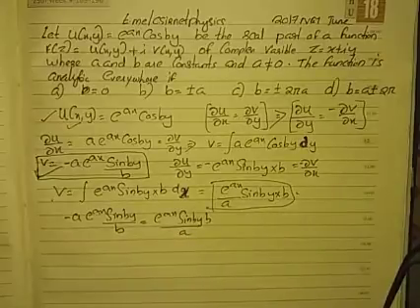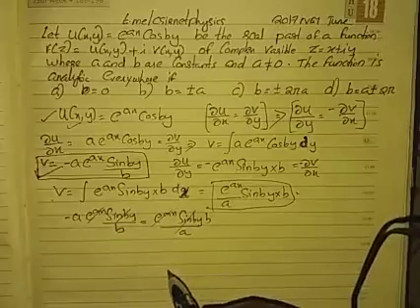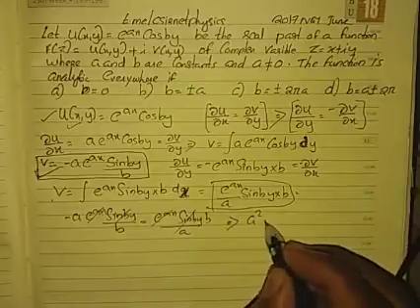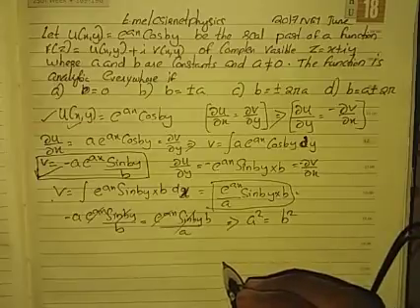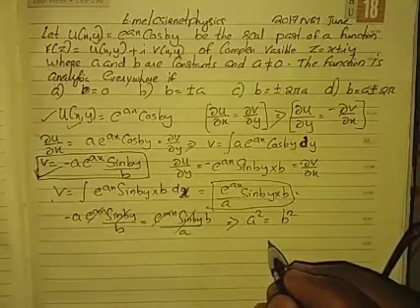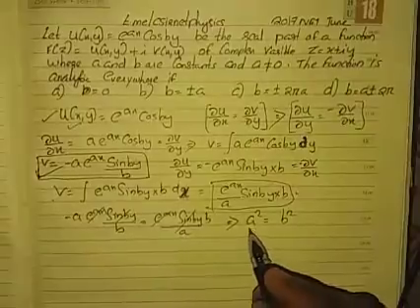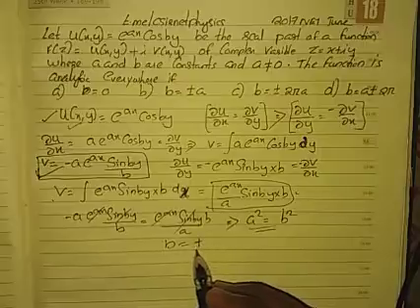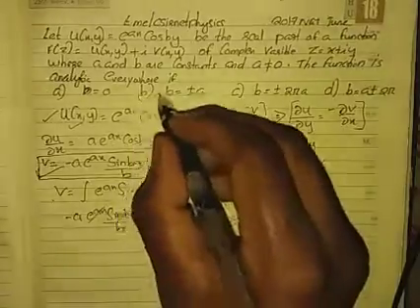As you can see, e raised to ax and sine by are common on either side and cancel, and you can write a square is equal to b square. That is the right option. Now a square is equal to b square means that b is equal to plus or minus a. So option B is the right option.